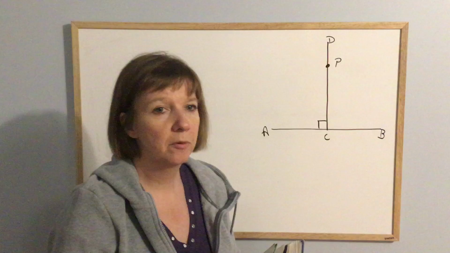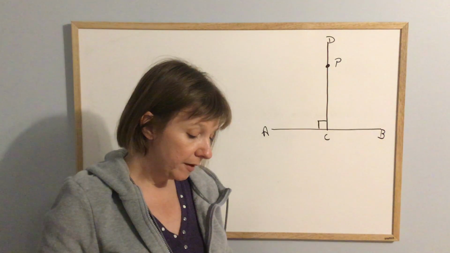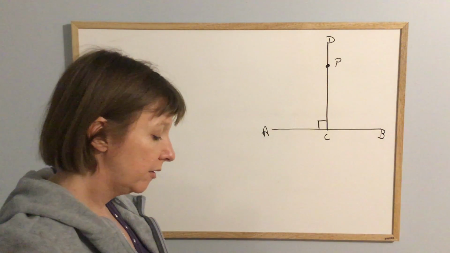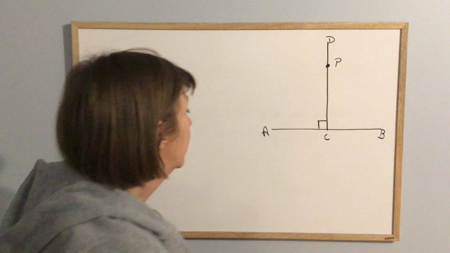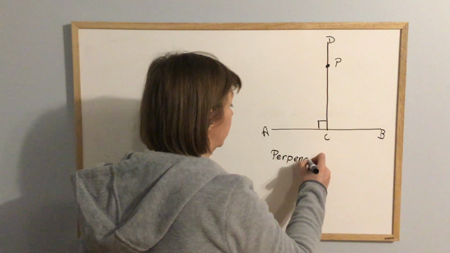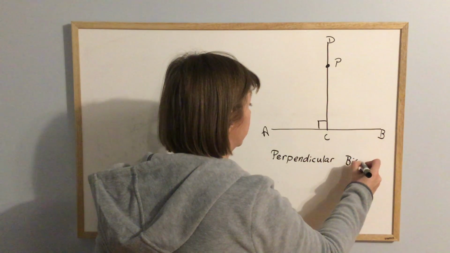Now we have to talk about some language that they're going to use, okay? They say prove that any point on a perpendicular bisector of a line segment. So they use these words, perpendicular bisector.